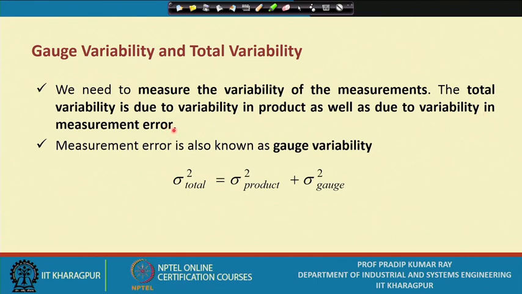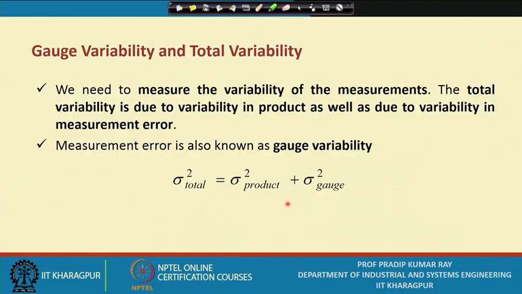There is one dimension which actually exists physically. Now you get an idea, you are measuring that dimension. While you measure that dimension, you use measurement systems or measuring instruments. While you use the measuring instrument, again there could be some error due to the measurement system. So there are two kinds of variability in the total variability.